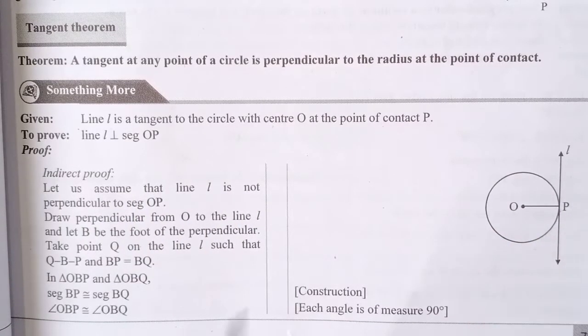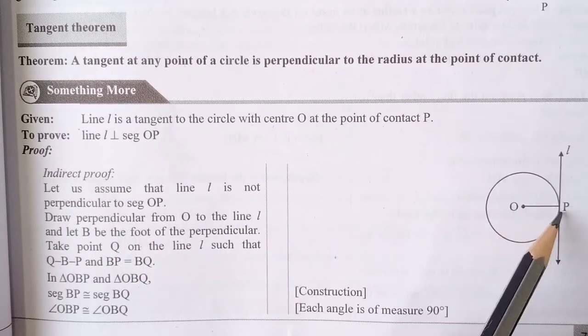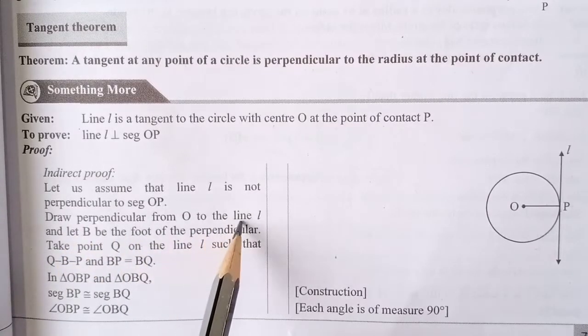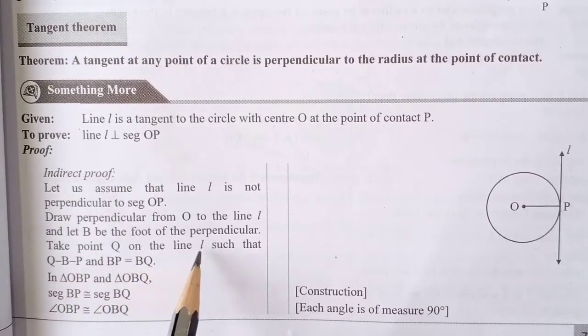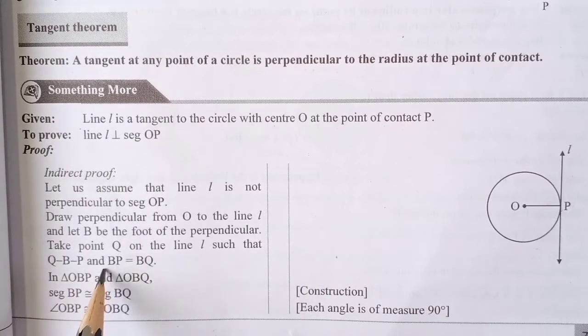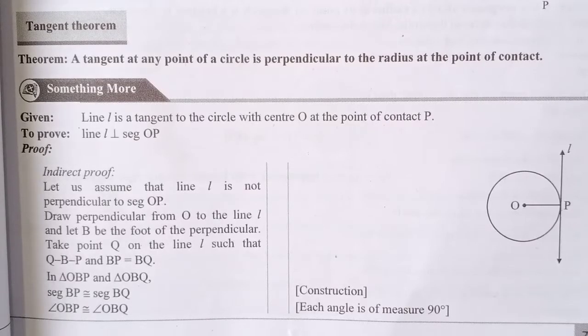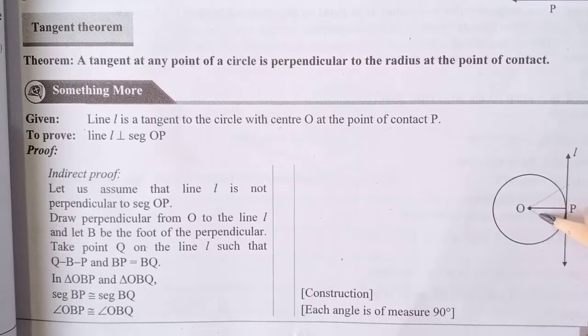Then draw a perpendicular from center O to the line L, and let B be the foot of the perpendicular. Take point Q on the line L such that Q-B-P and BP equals BQ.